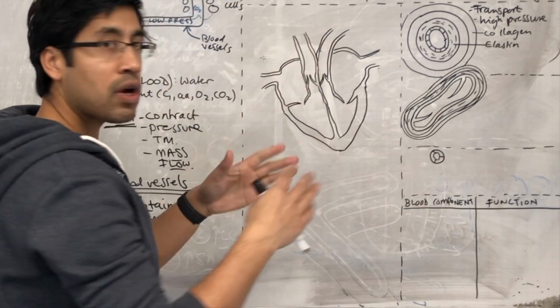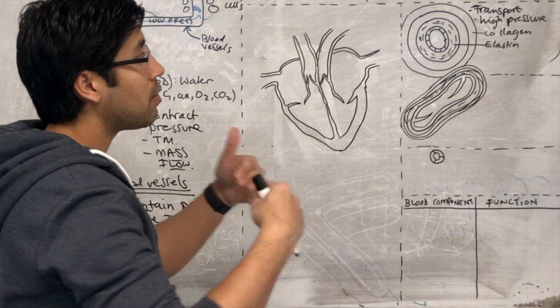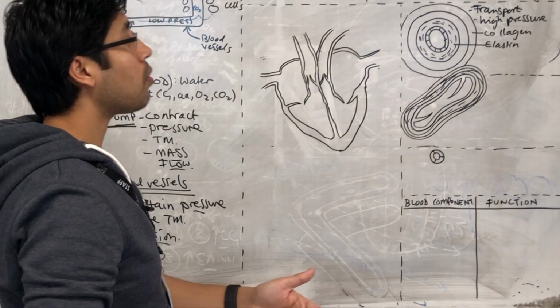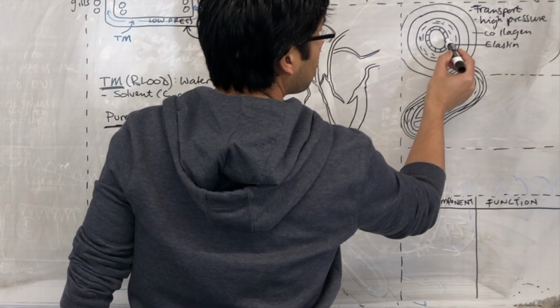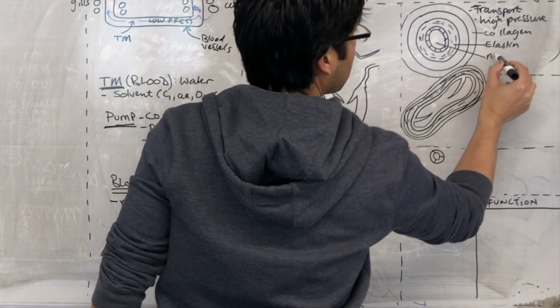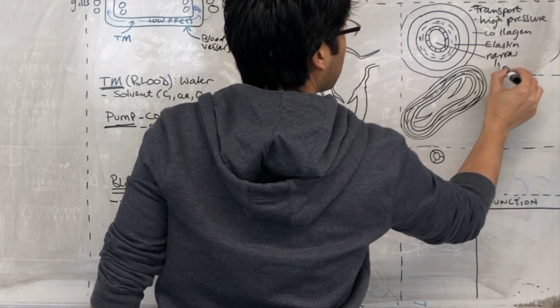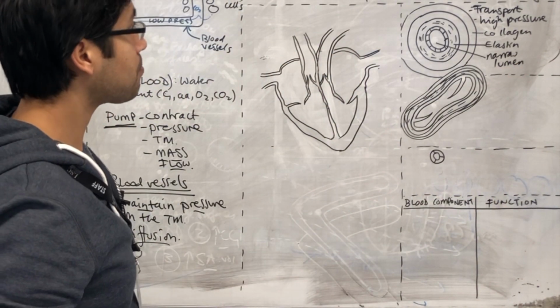Because the longer we keep the pressure on the blood, the further the blood can go. And finally it's got an endothelium in there. It's got a narrow lumen. Again, this helps to keep that blood under high pressure.